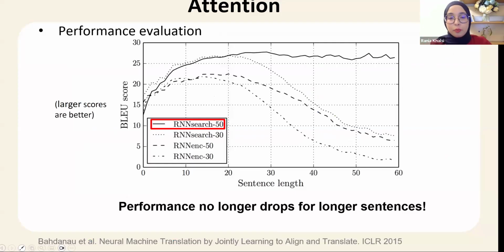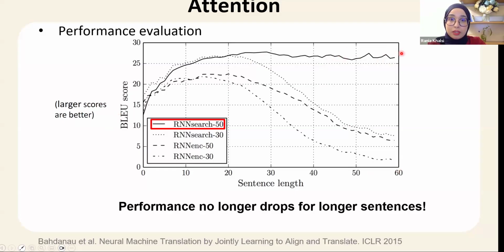By incorporating attention, the network is no longer limited to relying only on the LSTM. As shown in this plot, even when the sentence length increases, the model's performance, measured by the BLEU score we discussed so far, does not decrease, which is excellent.